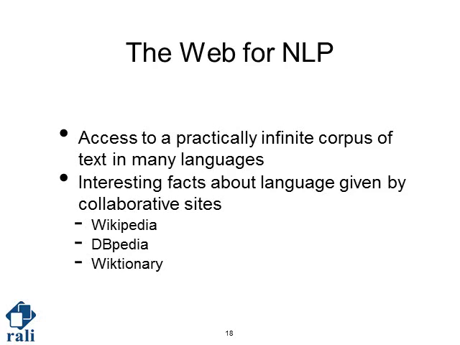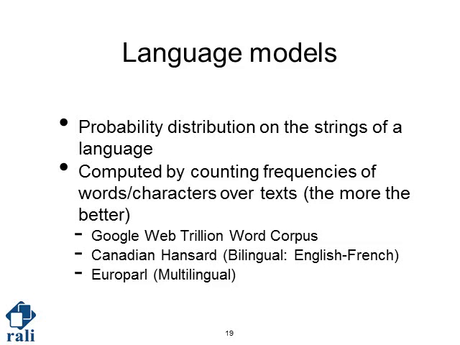And there are many interesting facts about language that can be found on the web. So, for example, Wikipedia, DBpedia, Wiktionary, those are all nice resources that can be used to build good applications. For example, language models. This is quite important to develop a statistical approach: you need a language model.